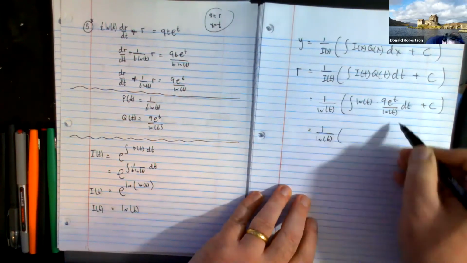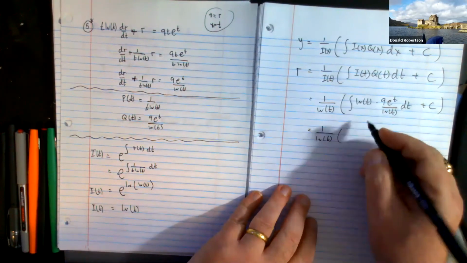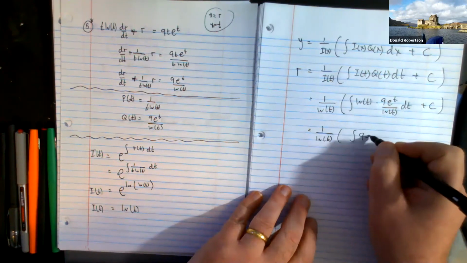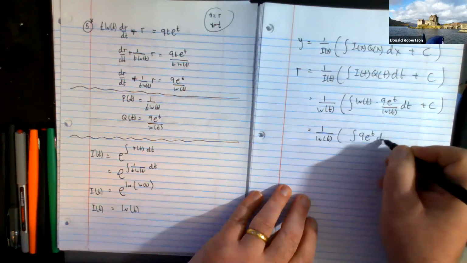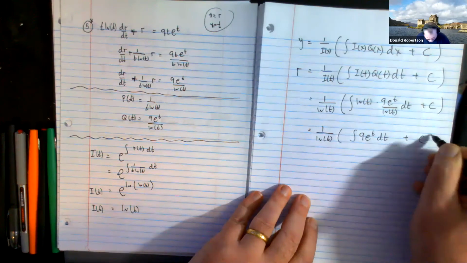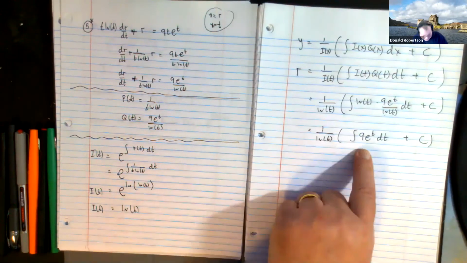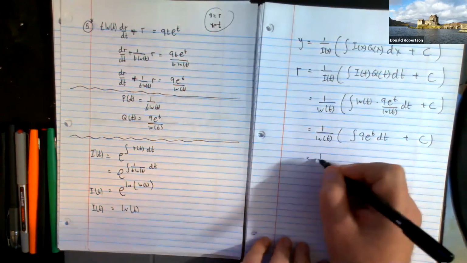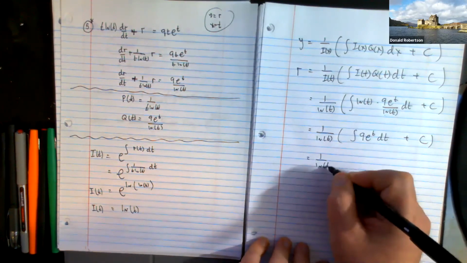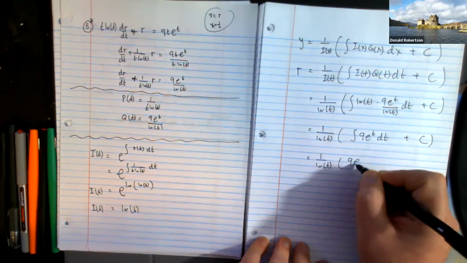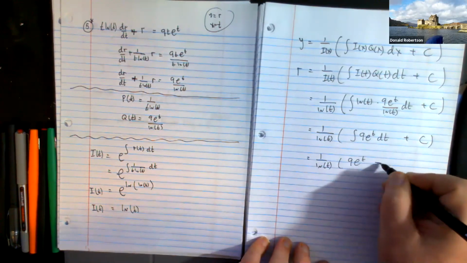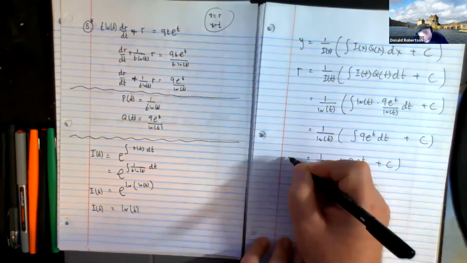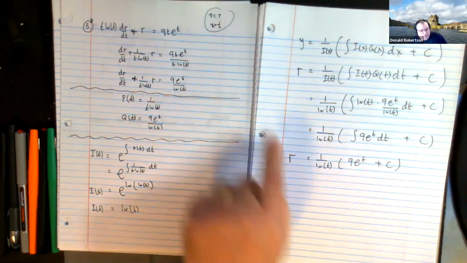You see that this log cancels out this one, and all you're going to have to integrate is that guy. And integrating him is actually very easy. It's 9e to the t plus c. Instead of y equals, it's r equals.